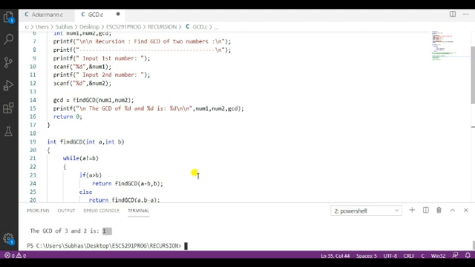So many other examples I have given in my tutorial. Please go through the tutorial to get more idea about how to implement any program by using recursion. This example is very important for your exam also.